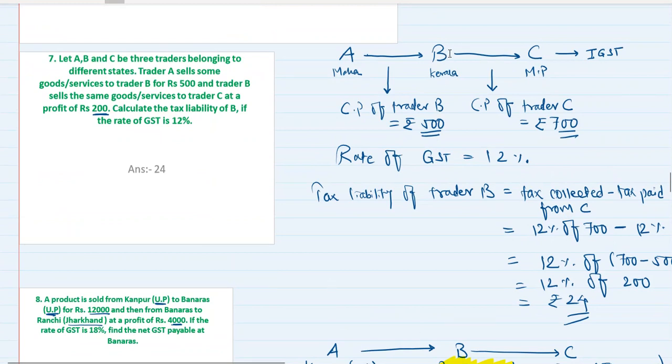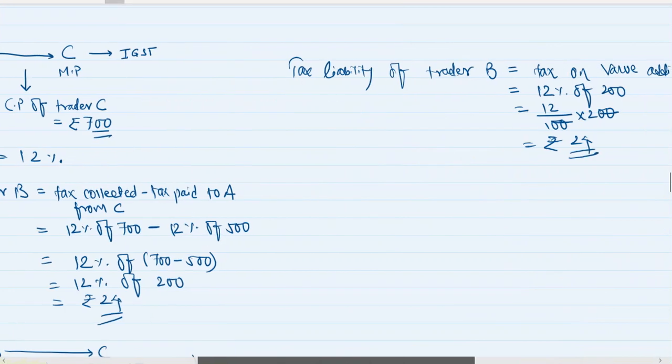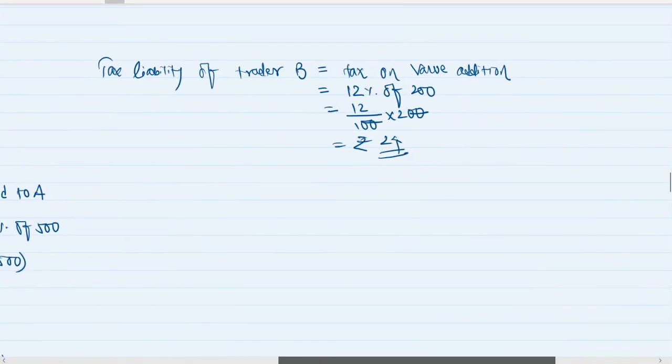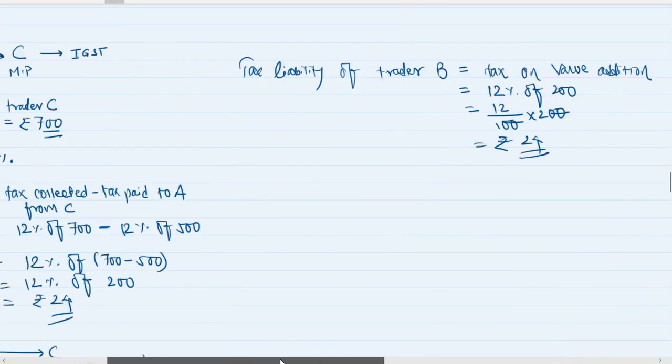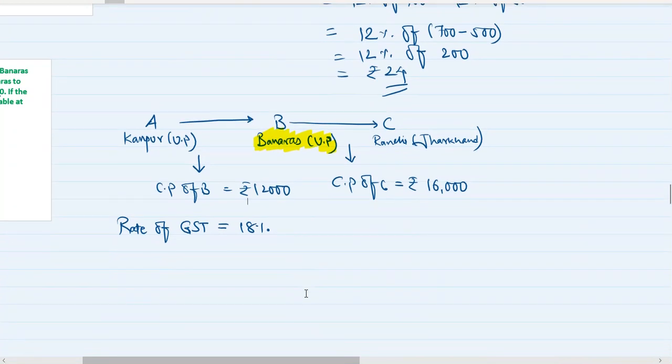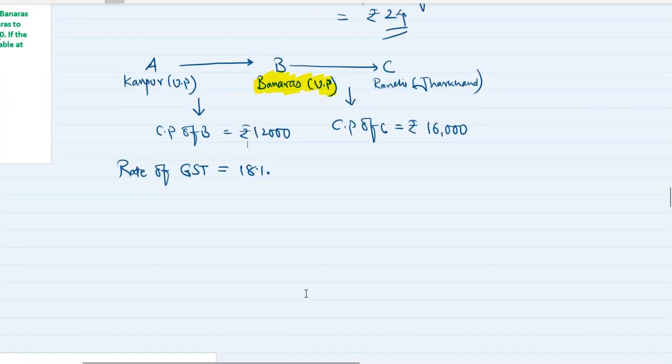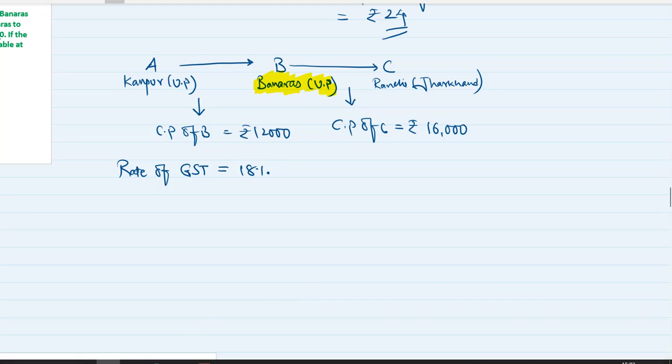The trader B, who was in Kerala, his tax liability was tax collected minus tax paid. You remember that. It was also found using another method, that is tax on value addition. So you have two methods now, right? You can use either of the two methods to find the tax liability of trader B.